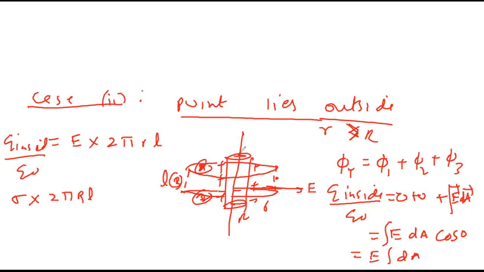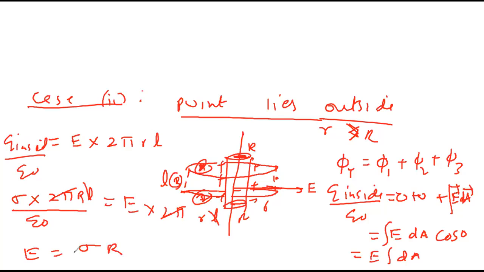Area of this cylinder on which charge is present is 2 pi capital R L. E into 2 pi rL equals sigma times that. 2 pi you can cancel, L you can cancel. So E equals sigma capital R upon epsilon naught into small r. Write this, then I'm converting this in lambda.